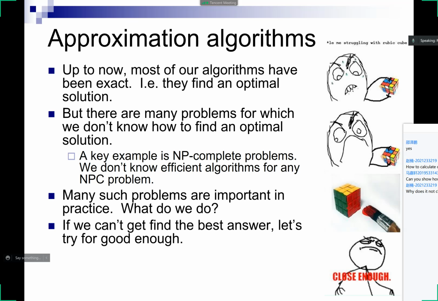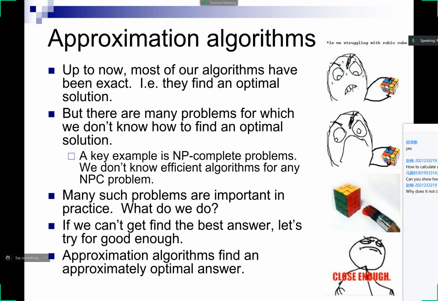But another thing that you can do is that if you cannot get the optimal answer, you can just try to get a good enough answer. Let's try to get a pretty good answer as opposed to the optimal answer. And this is what approximation algorithms try to do. They try to find an approximately optimal answer, not necessarily the best answer.